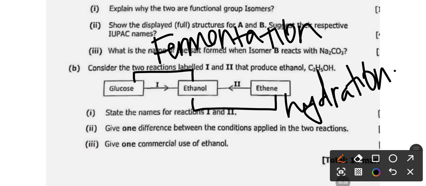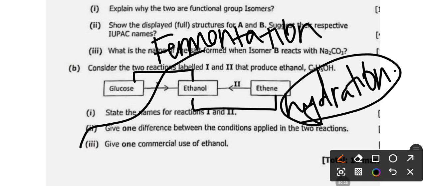For the fermentation reaction, a biological catalyst is used, whereas in a hydration reaction, a biological catalyst is not used. So that's one difference in the condition. For fermentation, we should remember that the biological catalyst is from yeast and its name is zymase.